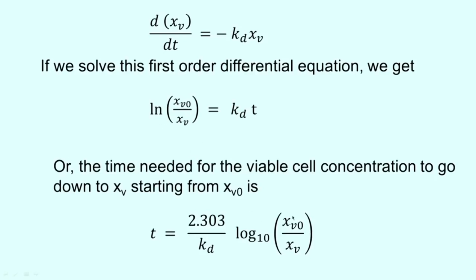Therefore, natural log x v naught by x v is 2.303 log to the base 10 x v naught by x v, and k d comes to the denominator here. Therefore, the time required for this amount of a decrease in viable cell concentration from x v naught to x v is this expression: 2.303 divided by k d, log to the base 10 of x v naught by x v.